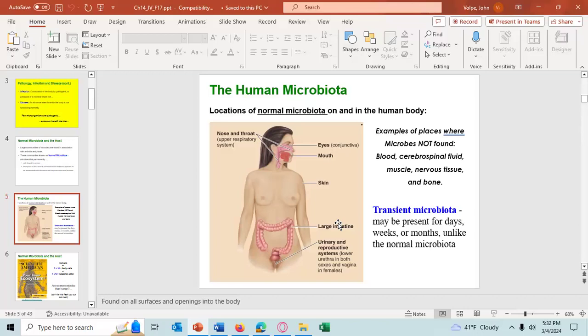I once had an example of a transient microbiota, and that was when I was testing myself in the microbiology lab. I was doing it every term, just testing my skin to see if I had Staphylococcus aureus. And I never did until one time when I went to visit my aunt, and she insisted on hugging me, and she had a Staphylococcus aureus skin infection.